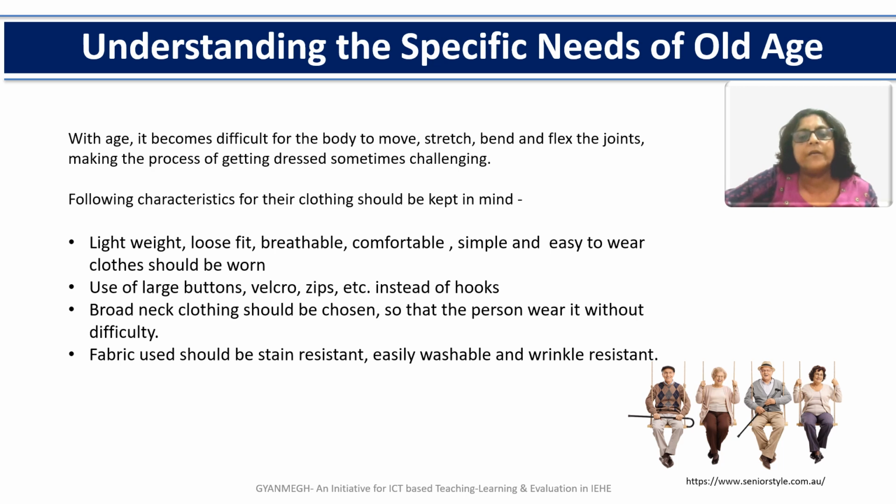Use of large buttons, velcros, zips, etc. should be used instead of hooks. Broad neck clothing should be chosen so that the person can wear it without any difficulty. Fabric used should be stain resistant, easily washable, wrinkle resistant and should dry as soon as possible.